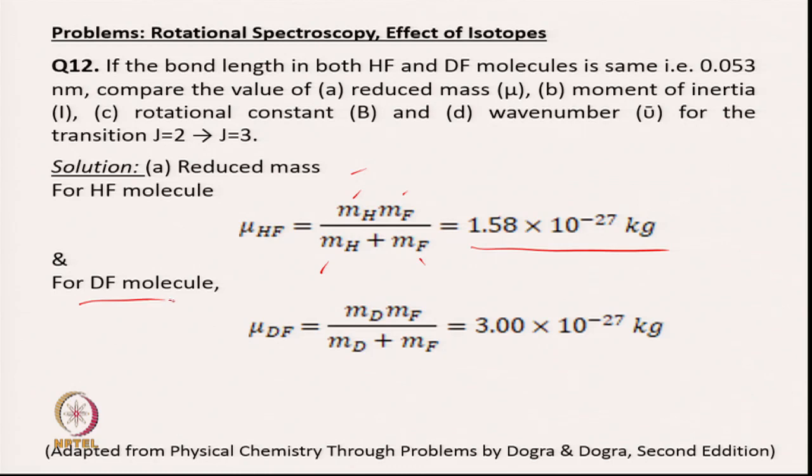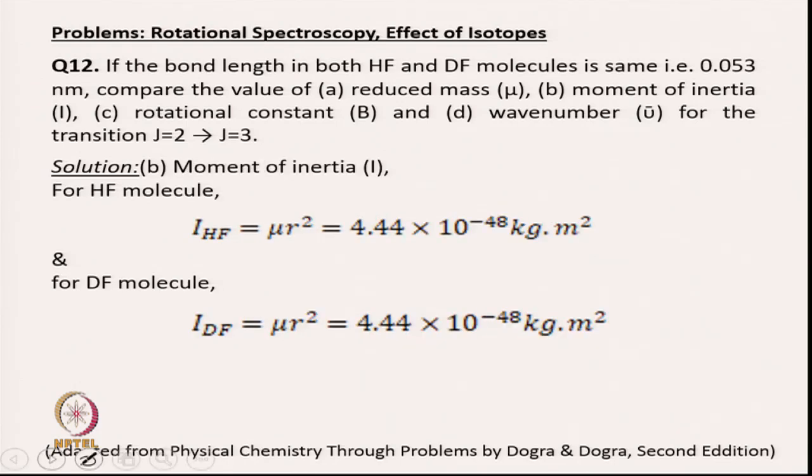The same calculation can be done for the DF molecule, and the answer will be 3 into 10 to the power minus 27 kg. You can divide mu DF by mu HF to compare the reduced masses. If you notice, mu DF is almost twice that of mu HF.